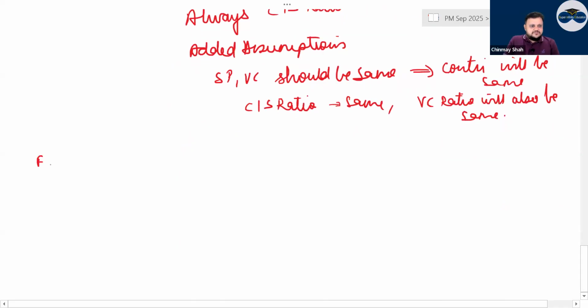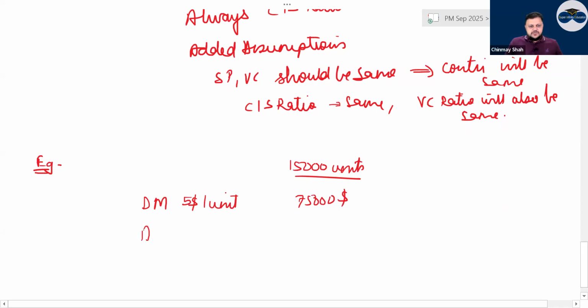Write down next example. 15,000 units. Direct material $5 per unit. कितना हुआ direct material? $5 पे कितना आएगा? 15 5 $75,000.